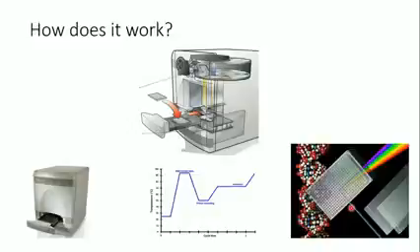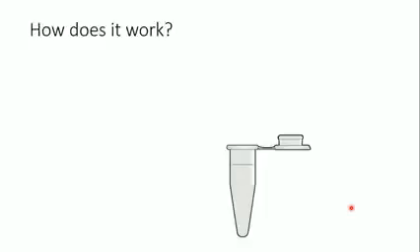Now I'm going to speak about how real-time PCR works. As I told you previously in the PCR video, we need 4 essential elements in order to perform a PCR process. First we need the parent DNA, the DNA sequence or the specific gene we want to amplify.